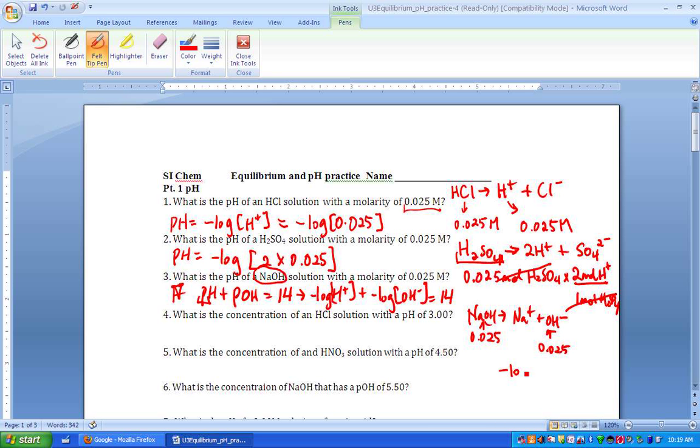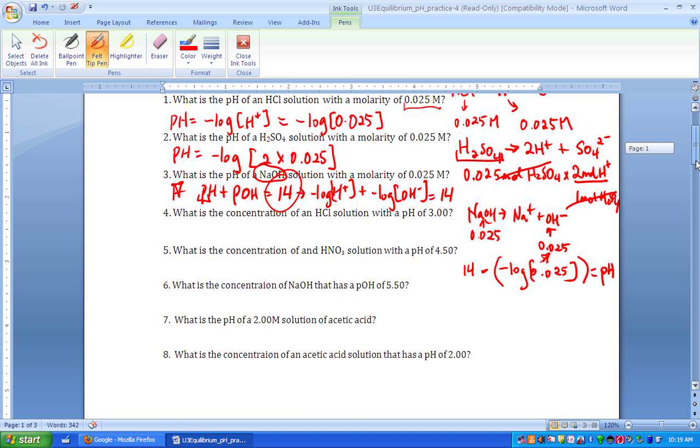Taking the negative log of this value gives you pOH, and you subtract it from 14, because they need to add up to 14. So 14 minus this value should give you your pH.